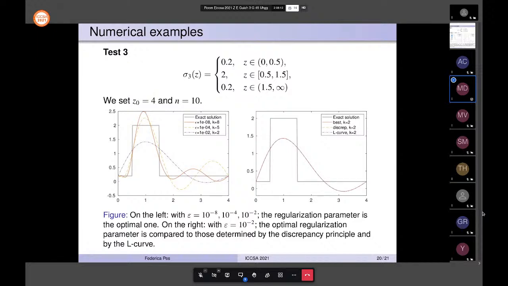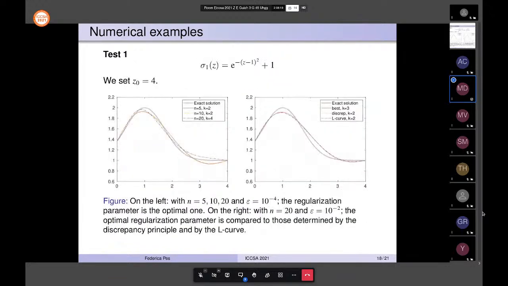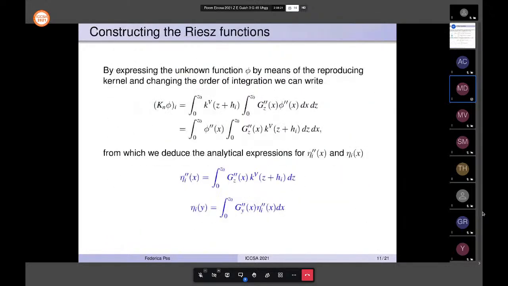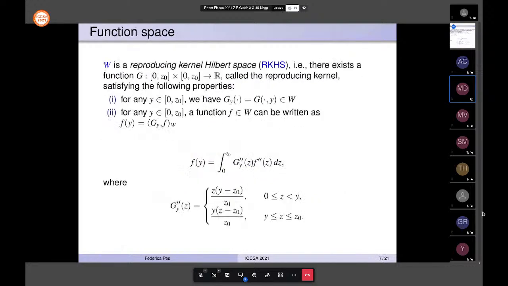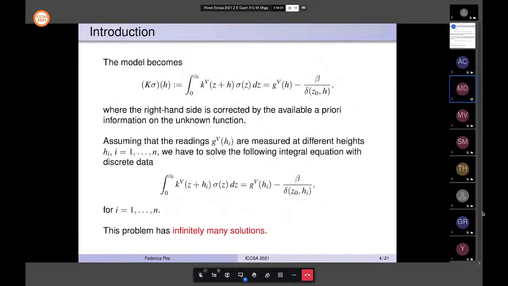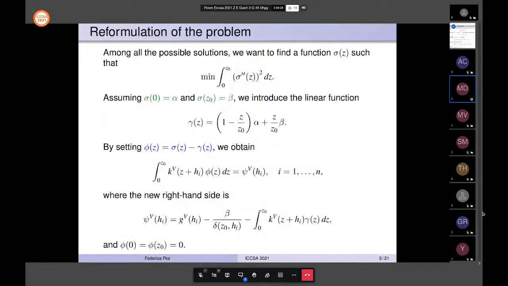I have just, it's more of a curiosity than a question. On slide 5, you have a minimization problem. So you want to find a function that minimizes the second derivative.